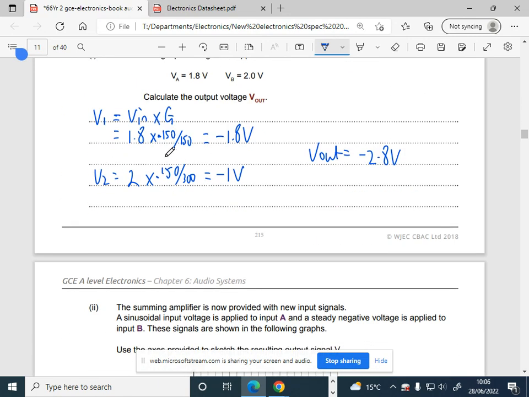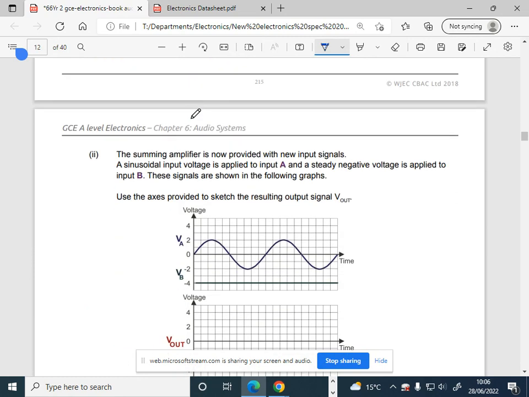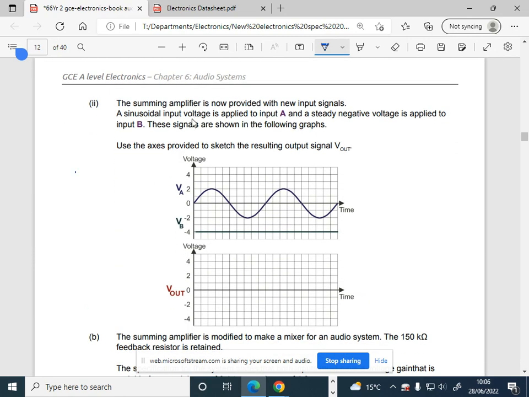Whereas if I do this method down here, look, I've worked out the gain, haven't I? Yeah. So I know the gains. So I'm just going to write the gain for A was minus 1, and the gain for B was minus a half, minus 0.5. Okay.